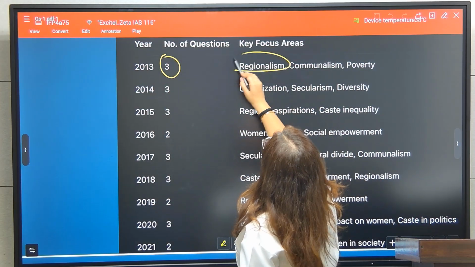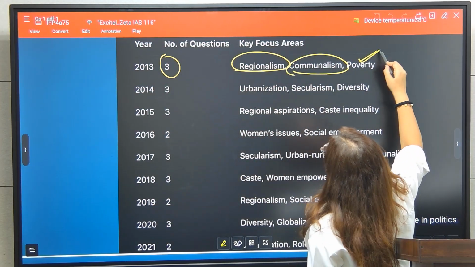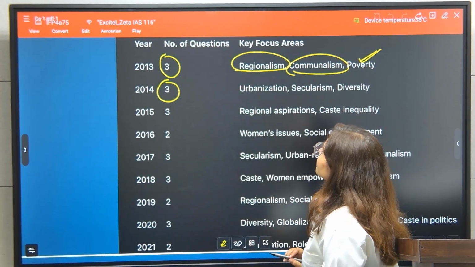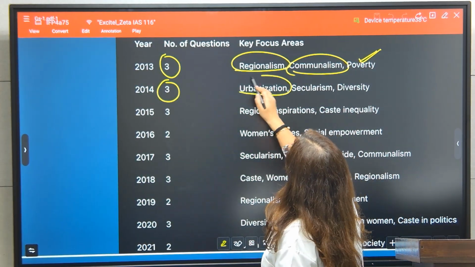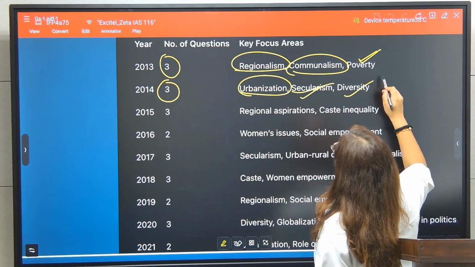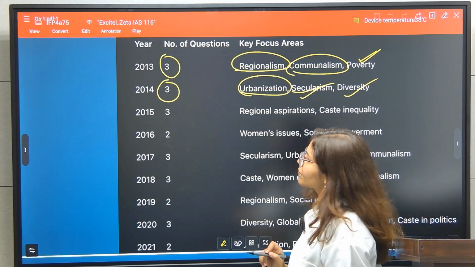One was on regionalism, communalism, and one was on poverty. In 2014, three questions are from the society part. One is urbanization, the second one is on secularism, and the third one on diversity.